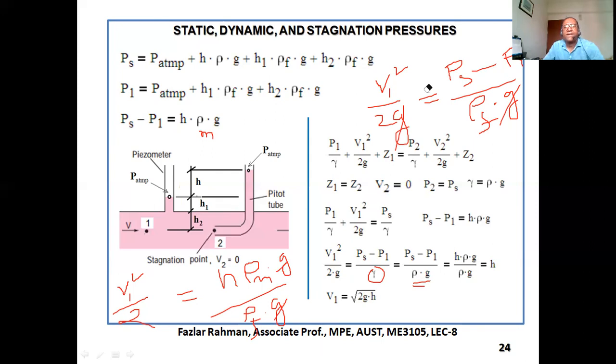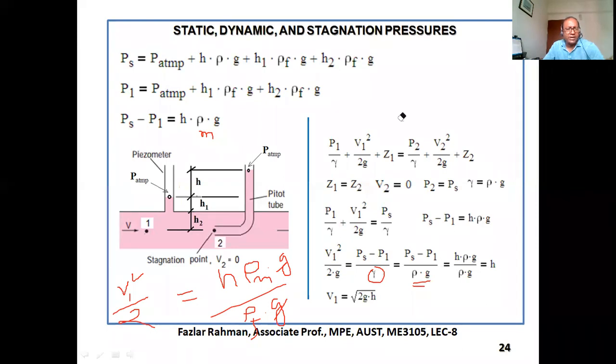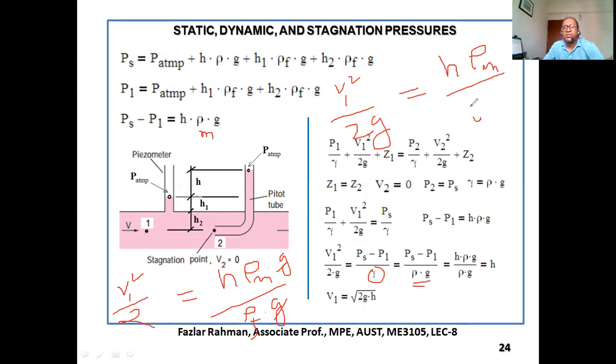So finally, you are getting V1 squared divided by 2g equals h rho manometer divided by rho of fluid.